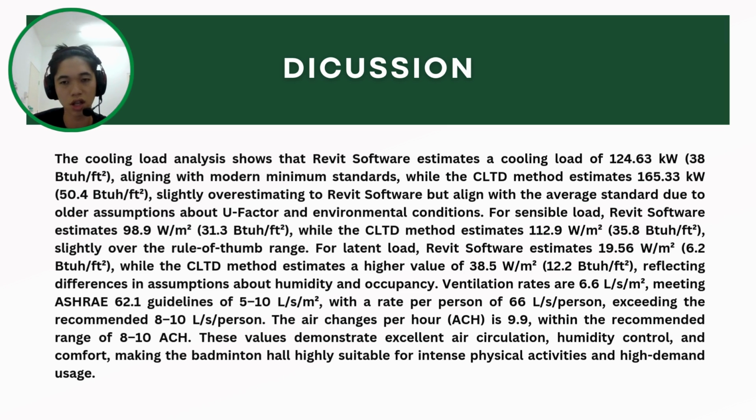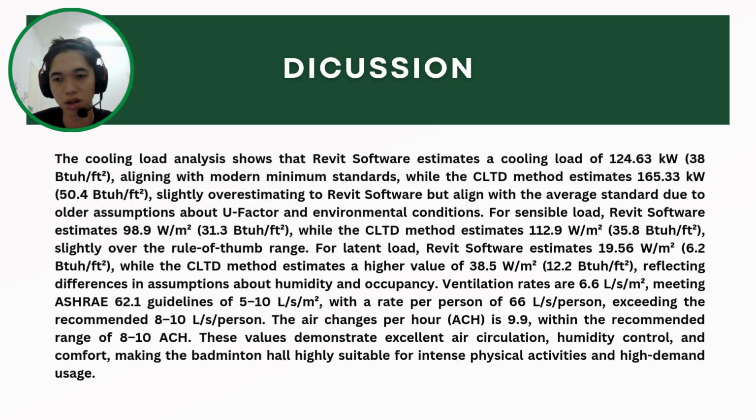The CLTD was estimated at the average level of the rule of thumb standard, at 165.33 kilowatts, which is 50.4 BTUH per square foot. It is slightly different from Revit due to the U-factor changes over the years, due to COVID-19 and some environmental conditions that need to change to comply with the new standard.